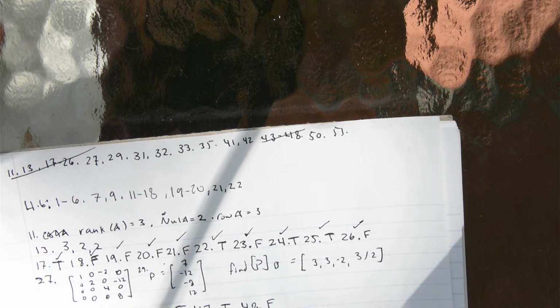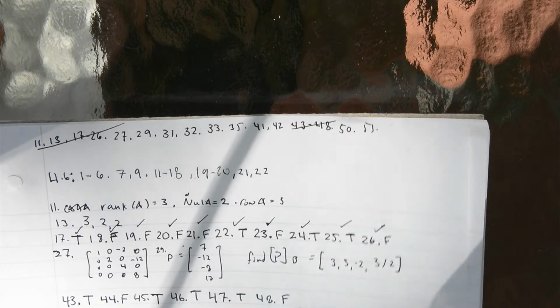Let me just write them down. Okay, so we're doing 1 through 6, 7, 9, 11 through 22. We're probably going to skip some, but that is what is going on.